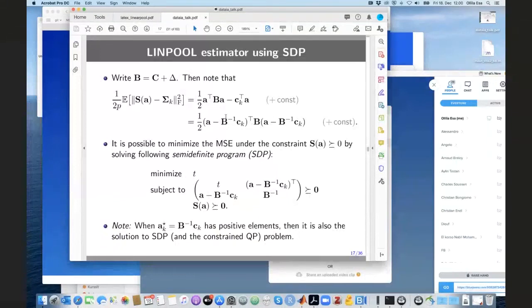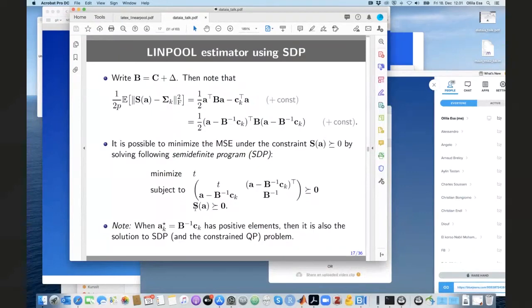And now we can use a basic approach from convex programming and express this problem as a semi-definite program, where we directly enforce that the linear combination is always a positive semi-definite matrix.